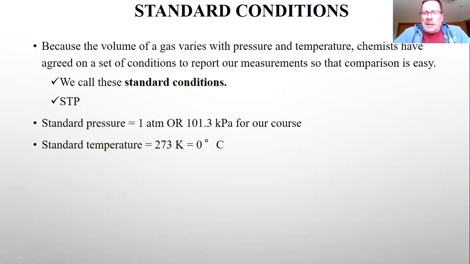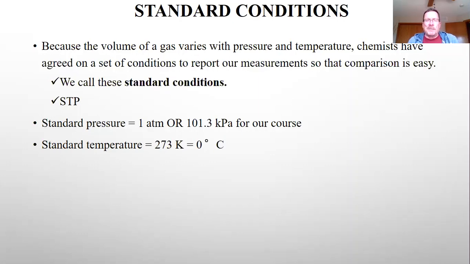We talked yesterday and did a problem, or we talked for a couple of days and did problems, about standard conditions, standard temperature and pressure. Okay. And I just want to reiterate that because it's very important to figure out where R came from. The volume of a gas varies with pressure and temperature, so there's a set of conditions, and these were really, back to Avogadro's basis for finding the moles with gases, where equal volumes have equal particles.